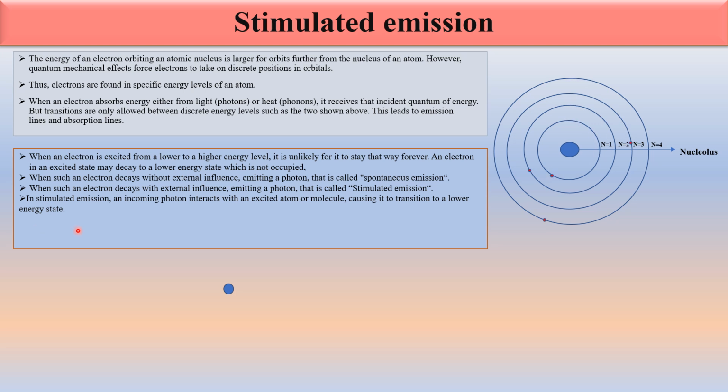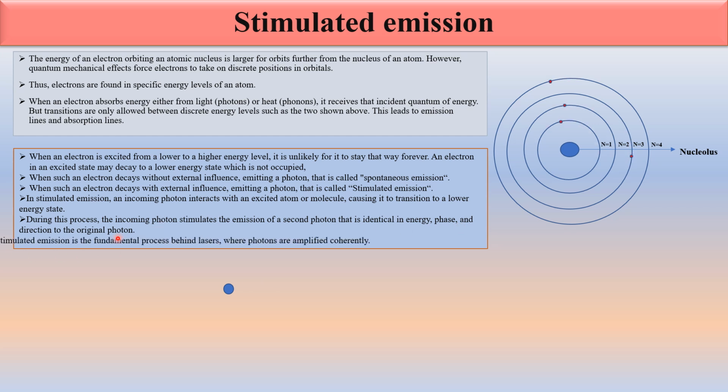It means the emission is stimulated by some external source, or you can say the external photons or the incident light signals. During the process, the incoming photon stimulates the emission of a second photon, and that second photon is the same in energy, phase, and direction as the original photon. Stimulated emission is a fundamental process behind lasers, where photons are amplified coherently.